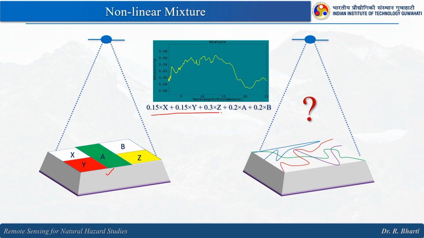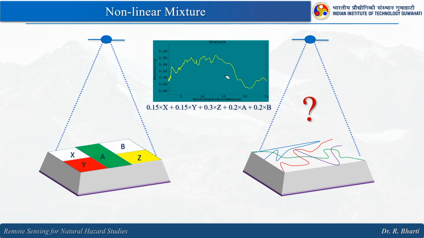So, you can do this, you can give weightage depending upon the area, and then you will get this kind of spectra. But when you have the non-linear combination of all these material present within the field of view, then what kind of spectra you are getting? So, that is very hard to interpret and hard to quantify.